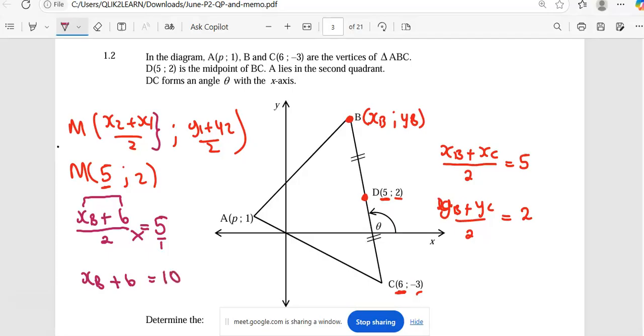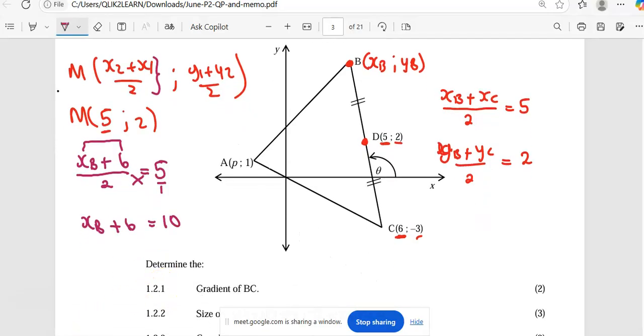Now we make the x of B subject of the formula. 6 will come this side to be negative 6, and 10 minus 6 will give us 4. Are you with me on that? Do you understand? Yes, sir.